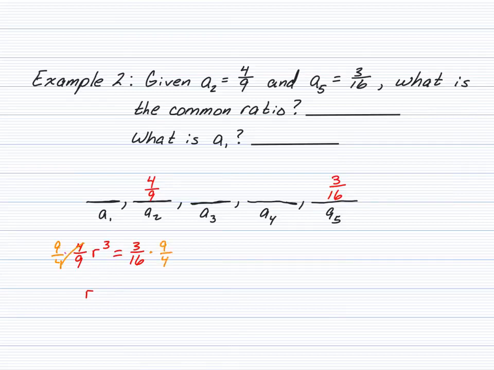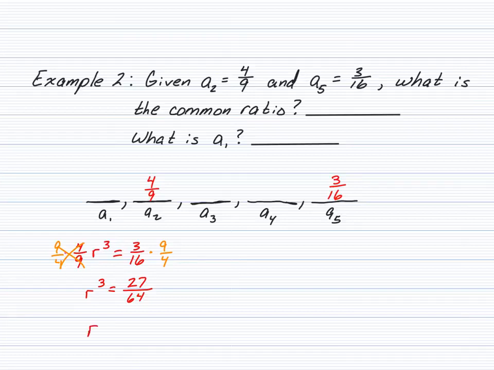All right, so that reduces. That leaves us with r cubed equals, and this is going to give us 9 times 3 is 27, over 16 times 4 is 64.